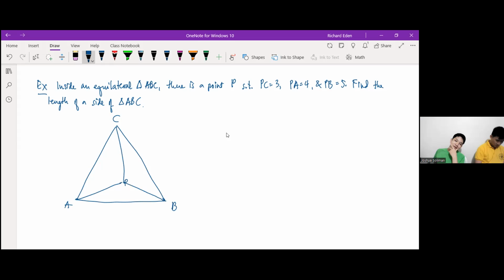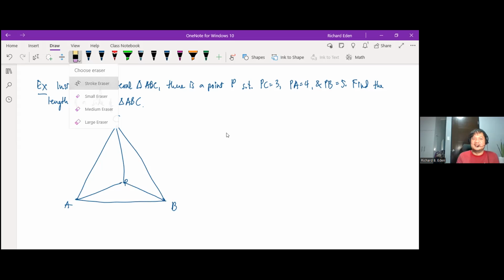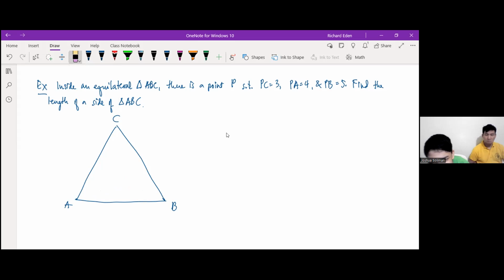Maybe we should draw the distances first, before the triangle, although it might not look equilateral, it might look like a scalene triangle.